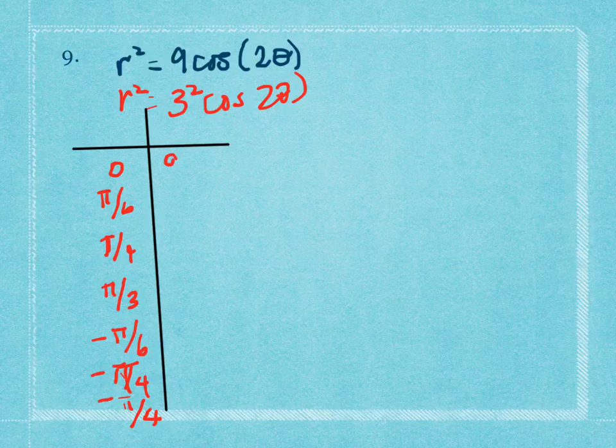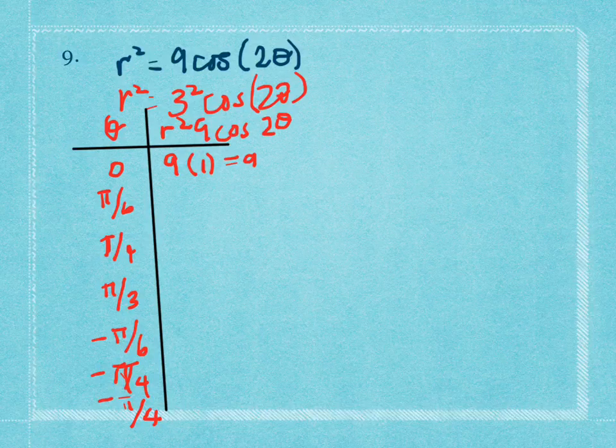All right, so this is 9 cosine of 2 times 0. So this is actually 1. This ends up being a 9. This is theta, and this is r squared. Alright, this is 9 times.